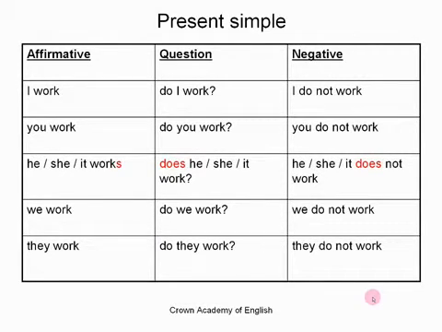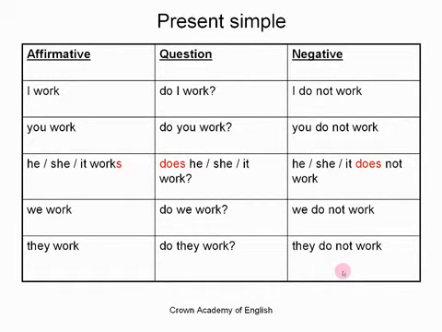So the third person singular is the he, she, it form. So this is the only one which is different. And in the affirmative form, we add a letter S to the end. So we go from work to works. So he, she, it works.